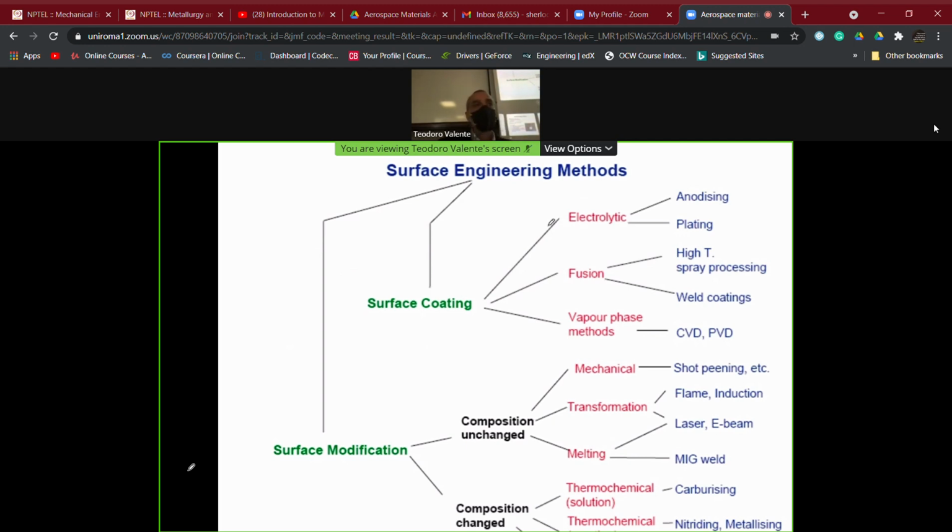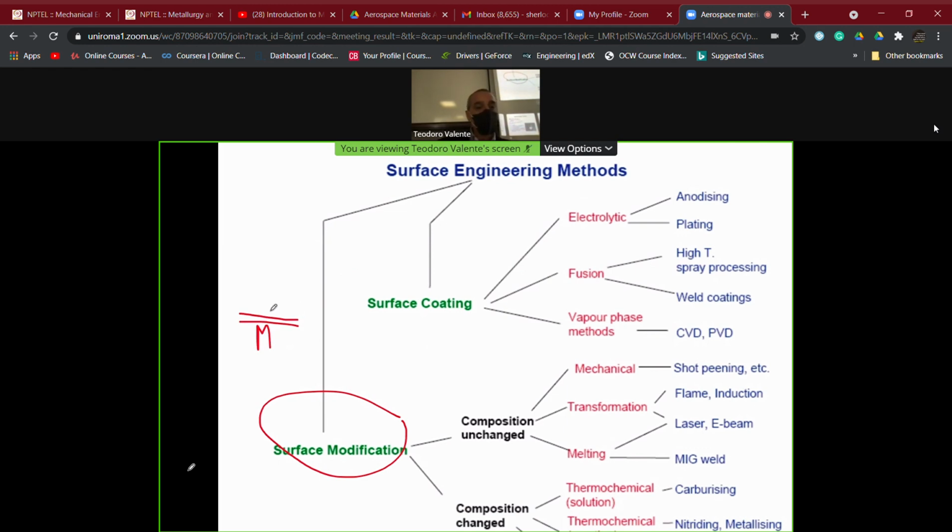Then, in some cases, we can have temper, as you remember. But we are not introducing in these classes of surface modification an additional interface between our material M and the final surface which has been treated.